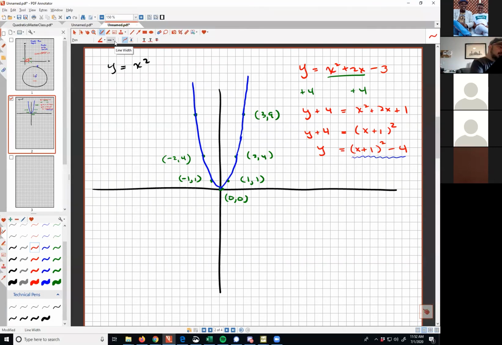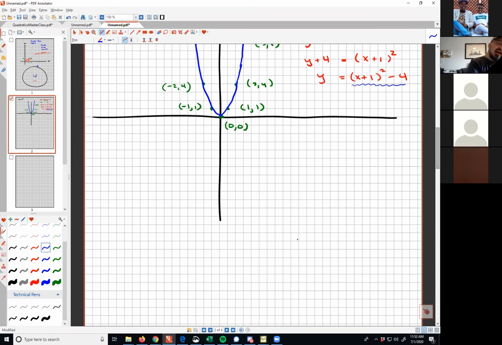So here, we know that (x + 1) squared is at least 0, right? When does (x + 1) squared equal 0? When x is minus 1. When x is minus 1, okay. So I want (x + 1) squared minus 4, so I'm going to subtract 4 from both sides.